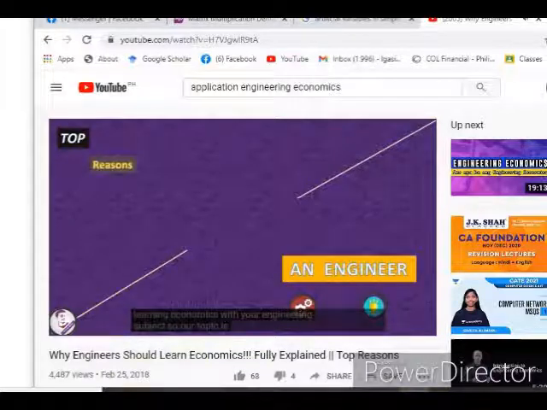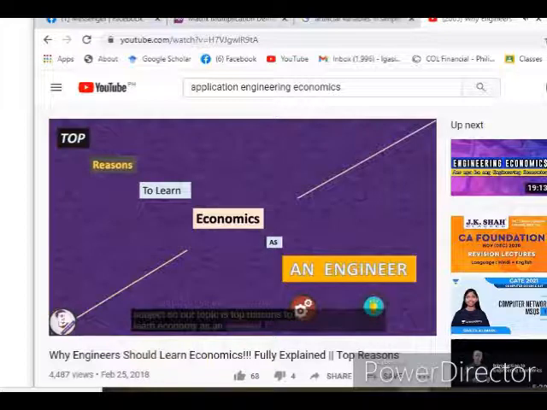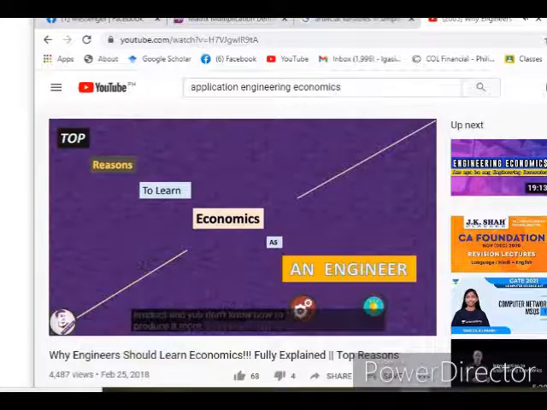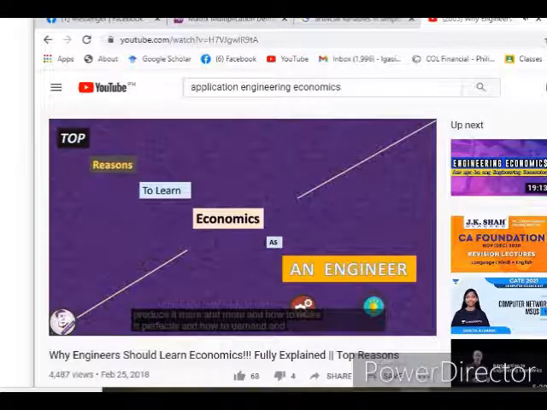Our topic is top reasons to learn economics as an engineer. Suppose you make a product and you don't know how to produce it more and more, how to make it perfectly, how to demand and supply it properly to the user, and how to market this product or your particular device that you designed as an engineer.